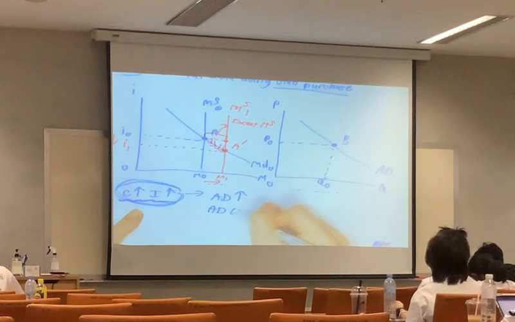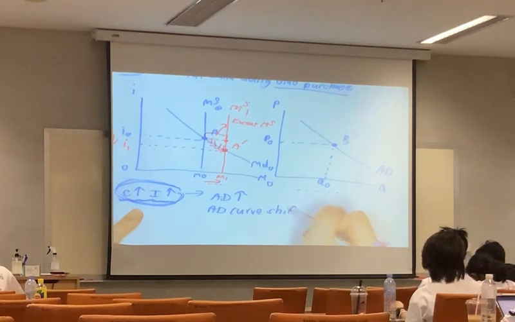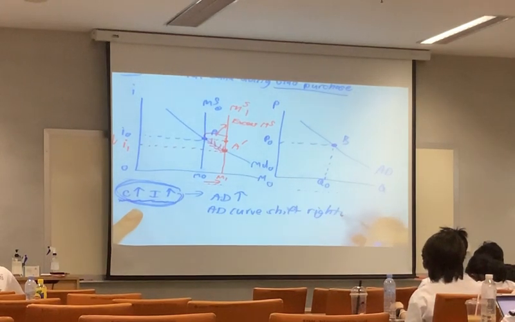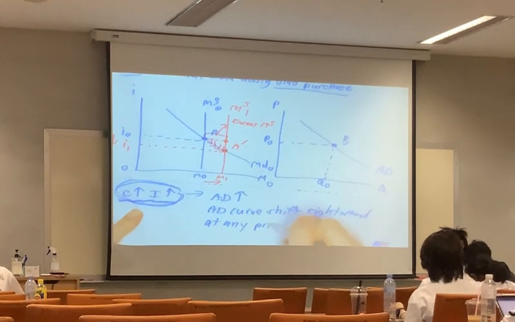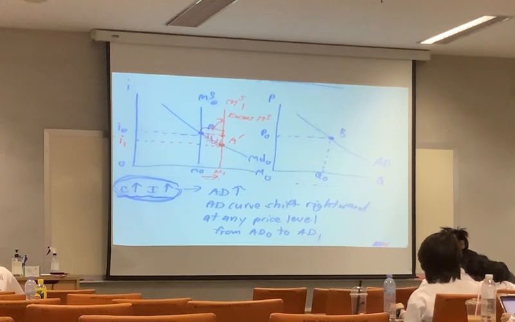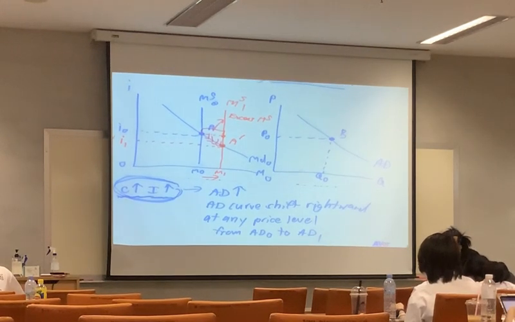So the AD curve will shift rightward at any price level. So we can say it shifts from AD0 to AD1. Okay, just shift it.